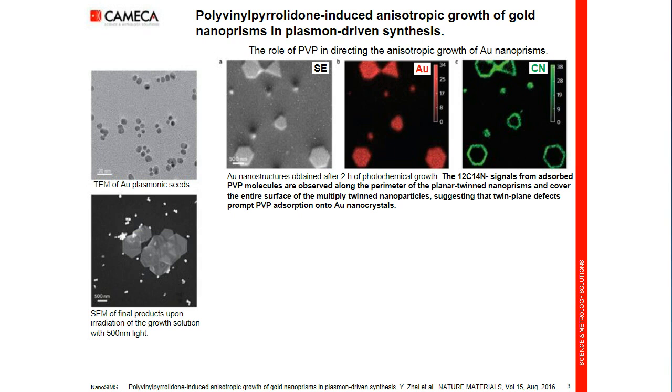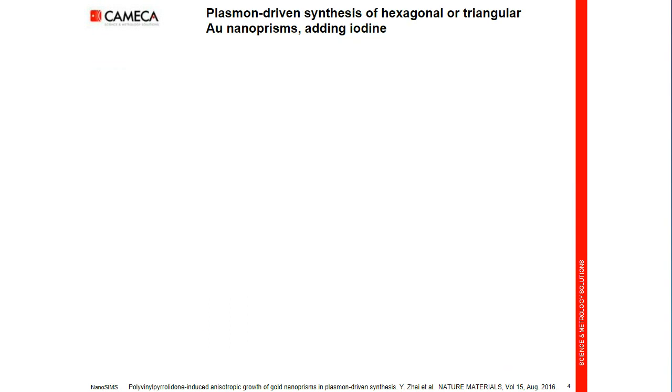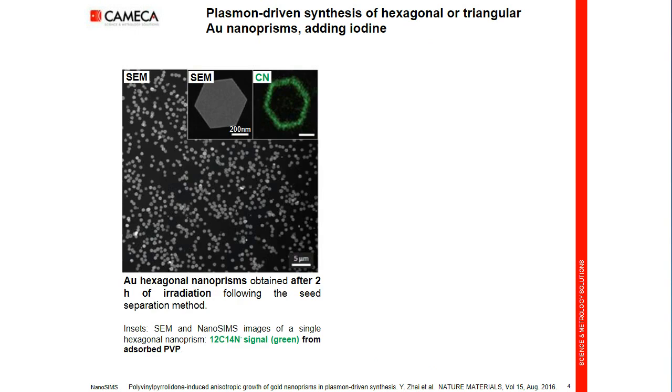Finally, we can see the growth of these crystals after illumination. With this input of the role of the PVP in directing the anisotropic growth of the nanoprism, the researchers also introduced iodine in the solution.